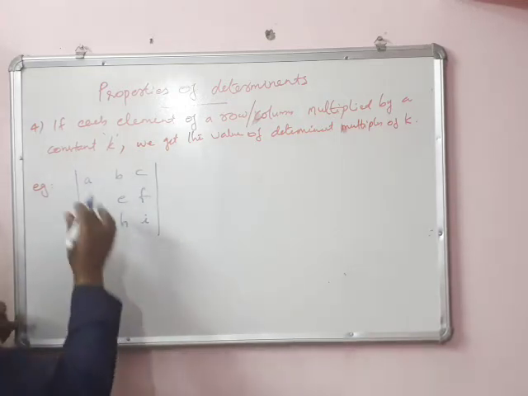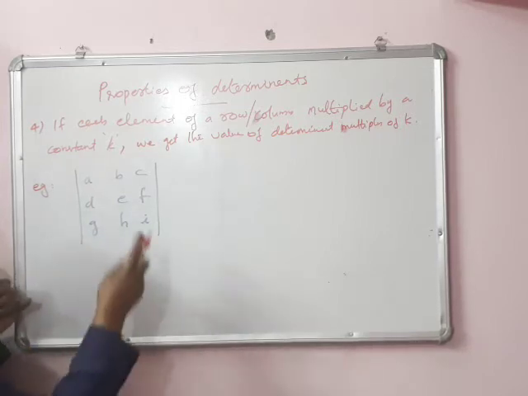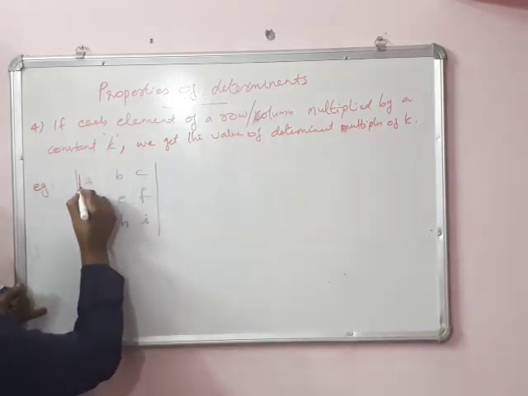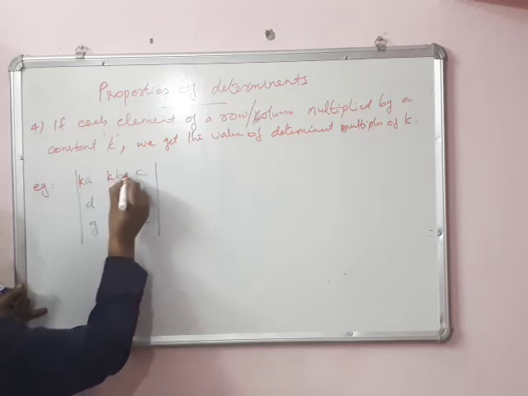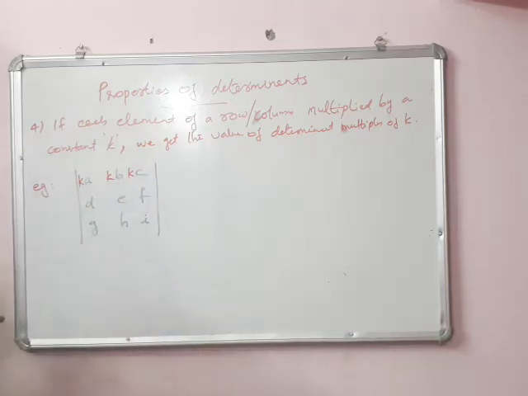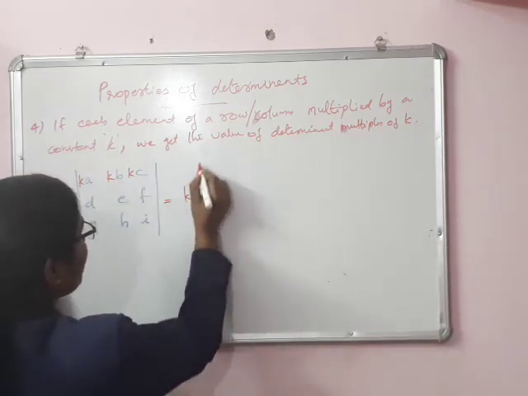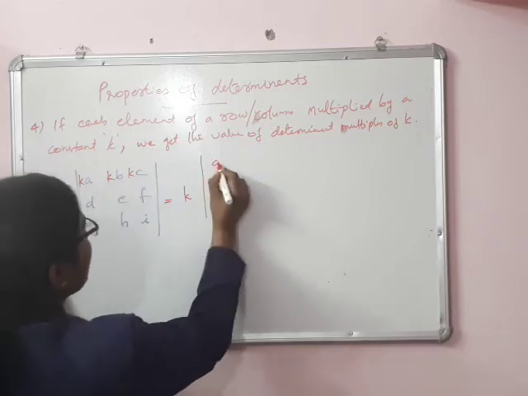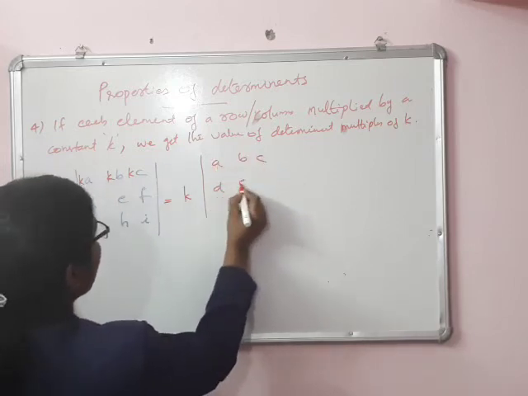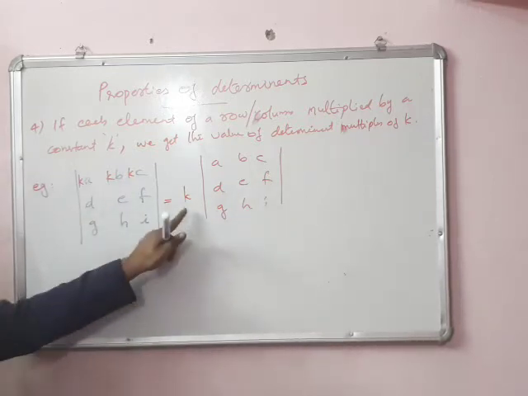Any row or column I multiply with one constant k. First row I multiplied with k. So the result is also k into the determinant A B C D E F G H I.